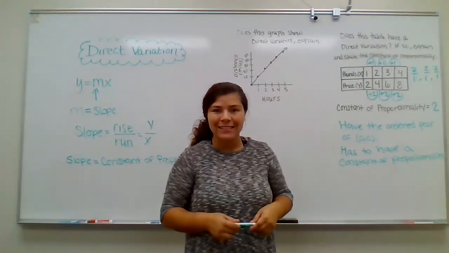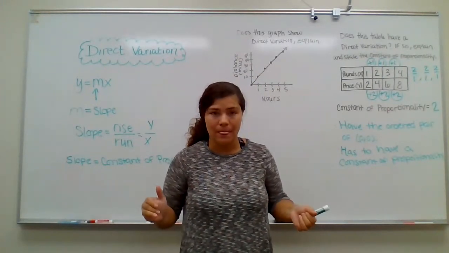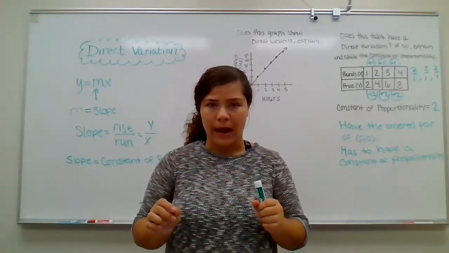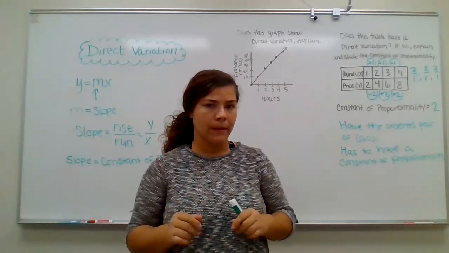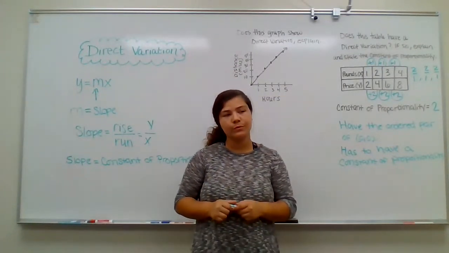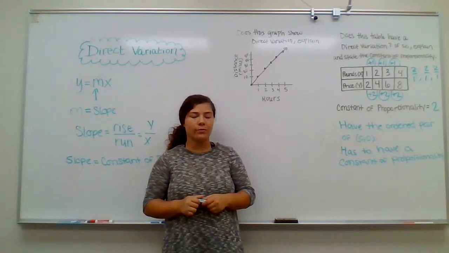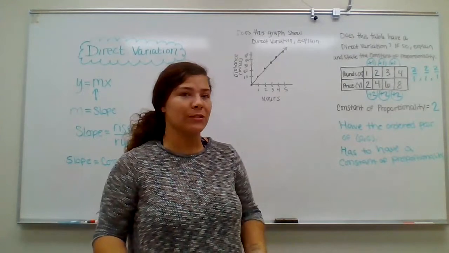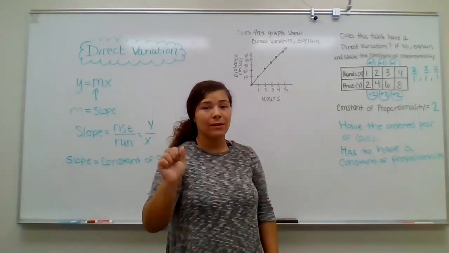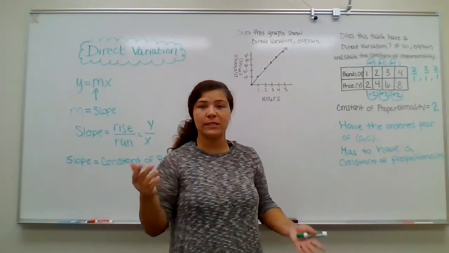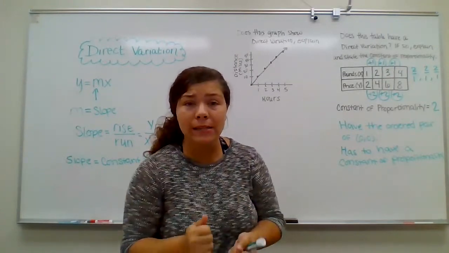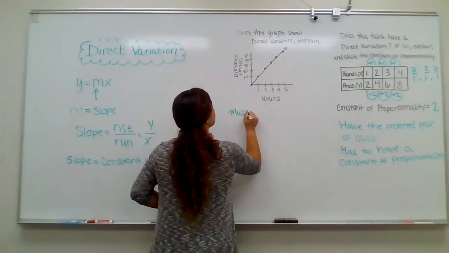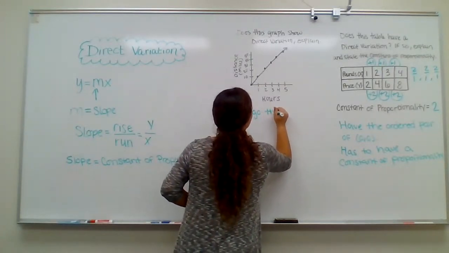Now for graphs, guys, it's simple. I want you to think to yourself, what makes a graph proportional? Let me give you a couple seconds. What makes a graph proportional? Well, guys, what makes a graph proportional is it must go through the origin, which is 0, 0, and it must be a straight line.